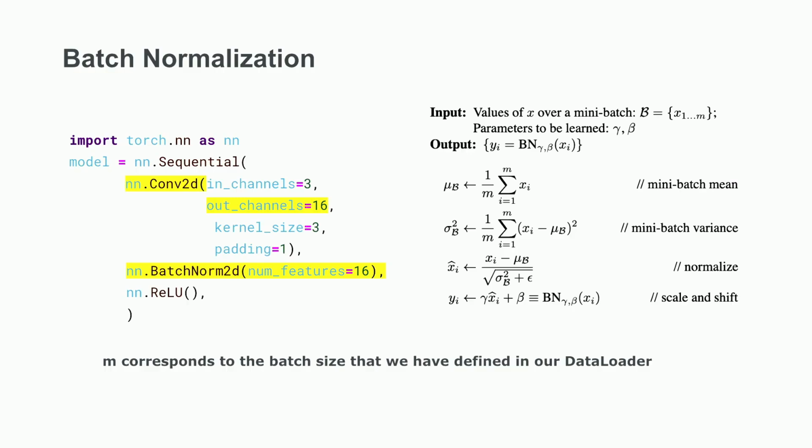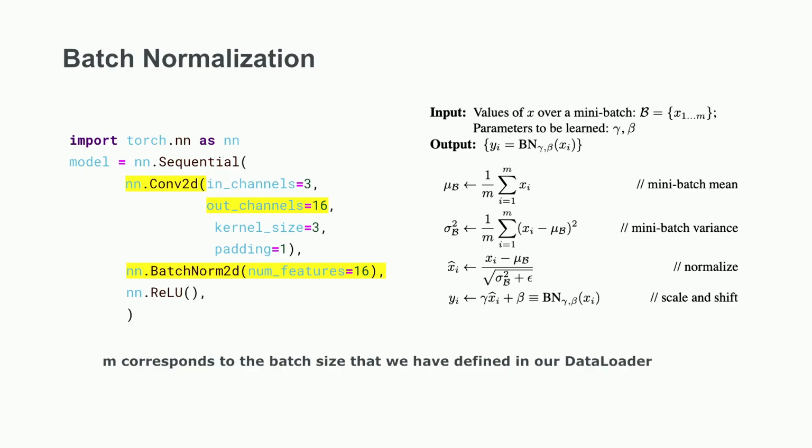So the batch normalization operation works very similarly to the input normalization operation that we saw on previous videos. The difference is that this is going to be operating on the activations that we have on a particular batch.